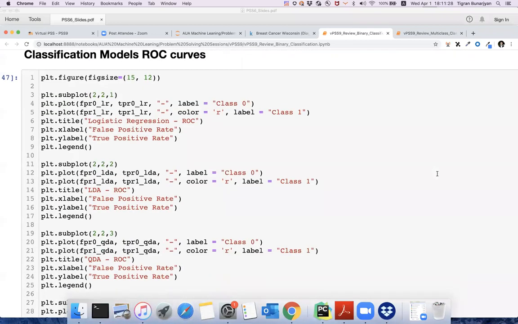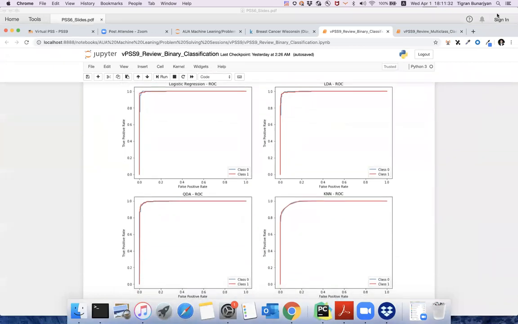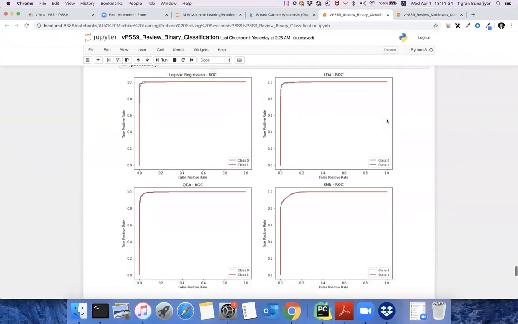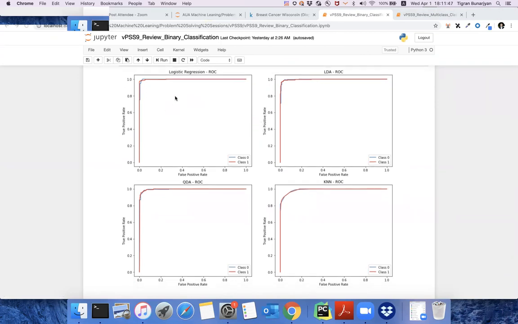And in here I just plotted the ROC curves of the four models. Or we upload the ROC curves of our models side by side.